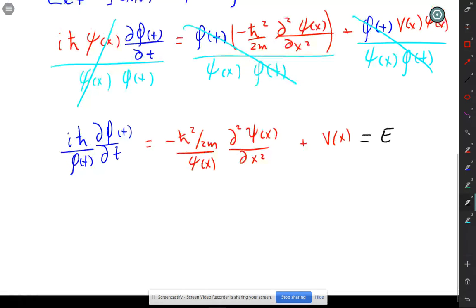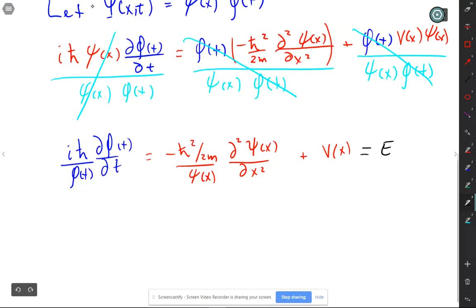And so this gives us two equations in the end. We have i h bar, I should go back to my color coding.